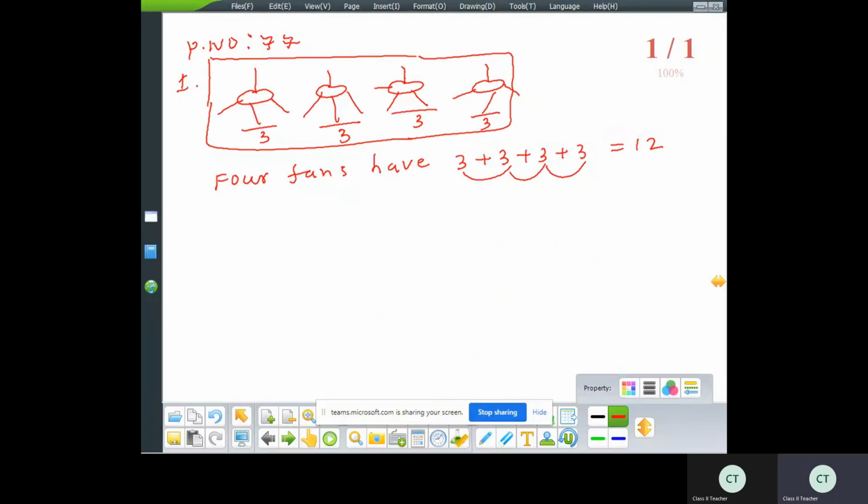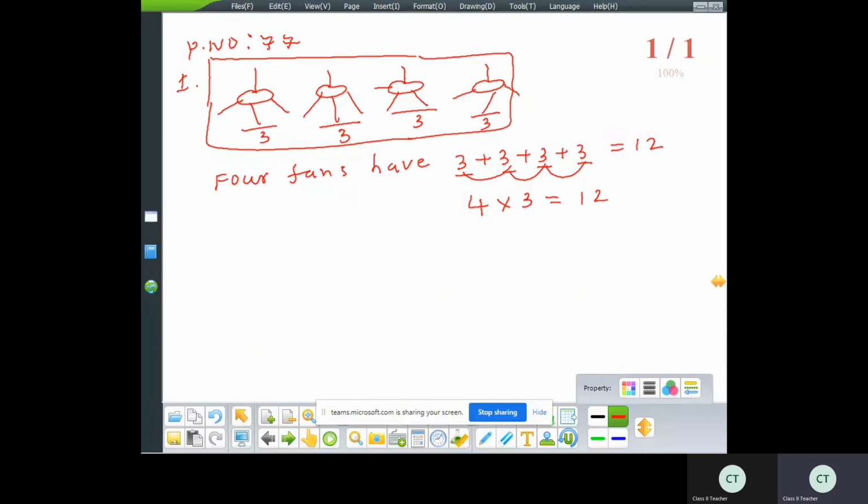Here 3 repeated 4 times. 1, 2, 3, 4. 3 repeated 4 times. 4 times of 3 are 4 into 3. 4 3s are 12.